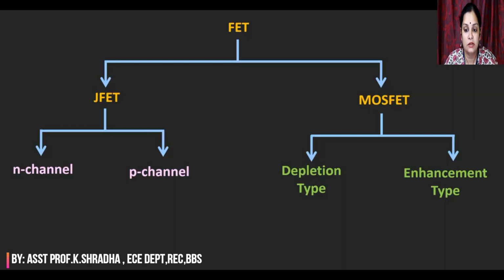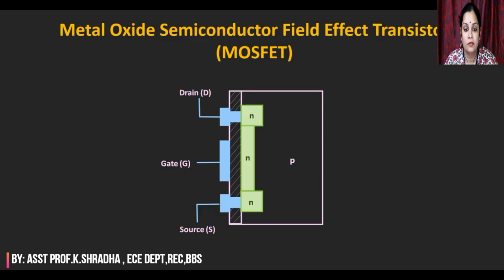In this MOSFET, the gate is made up of a metal layer and the insulating layer is made up of silicon dioxide. Now this MOSFET can be further classified into two types, the depletion type and the enhancement type.